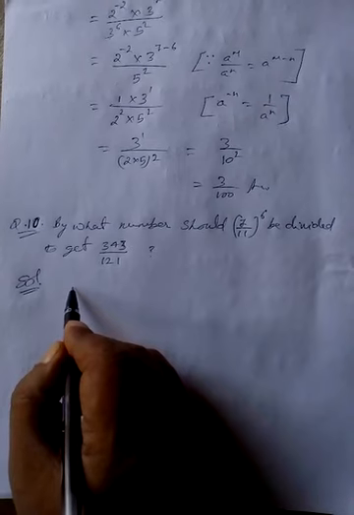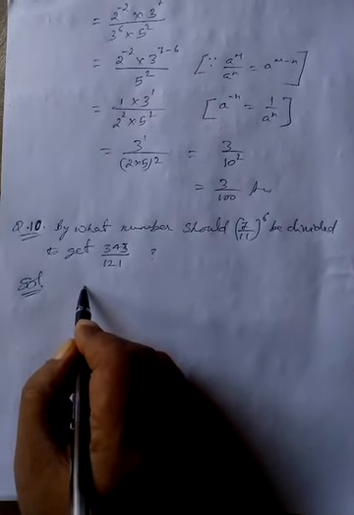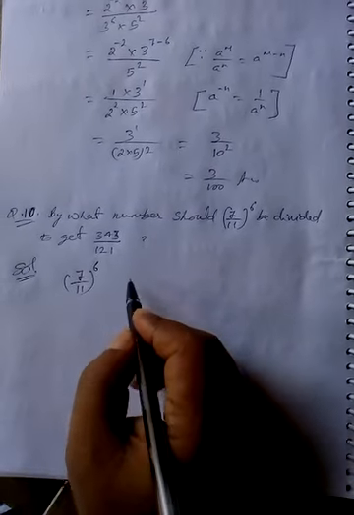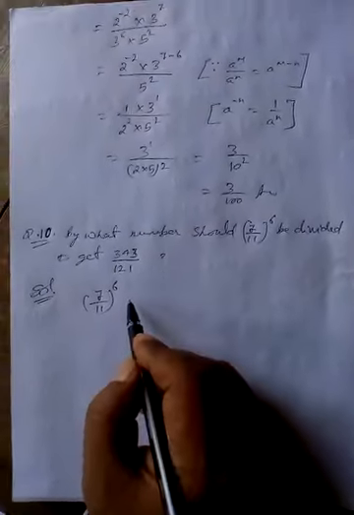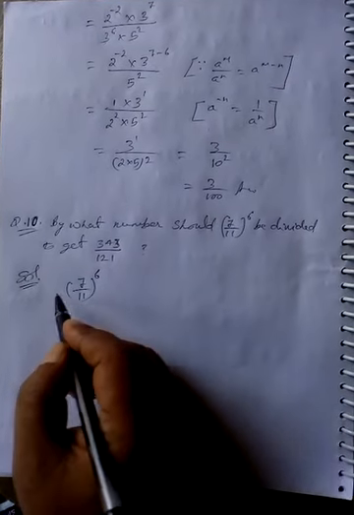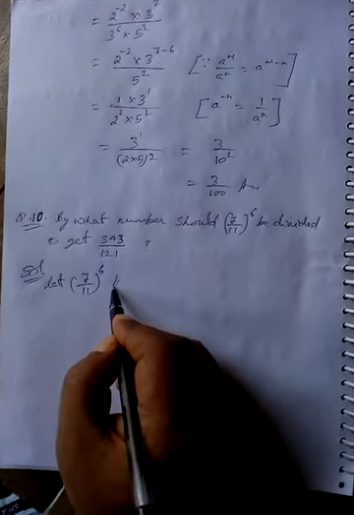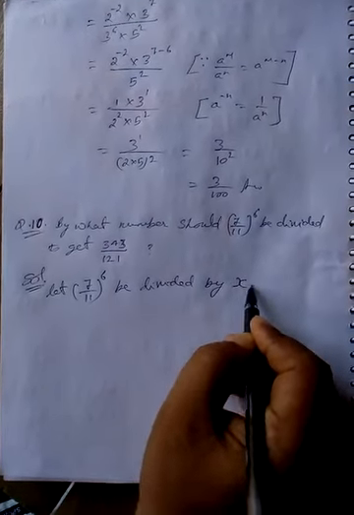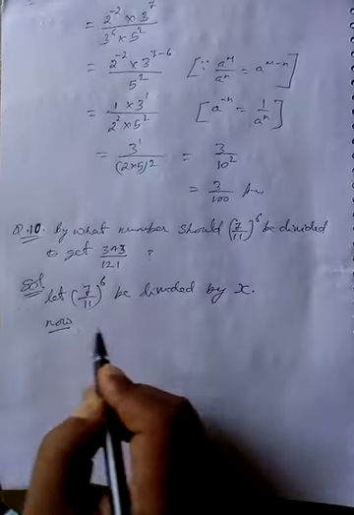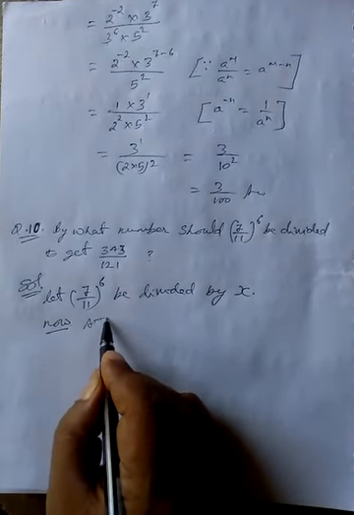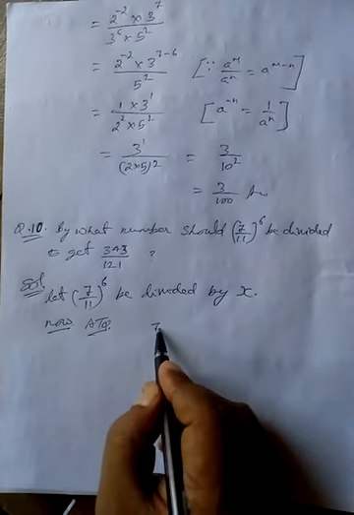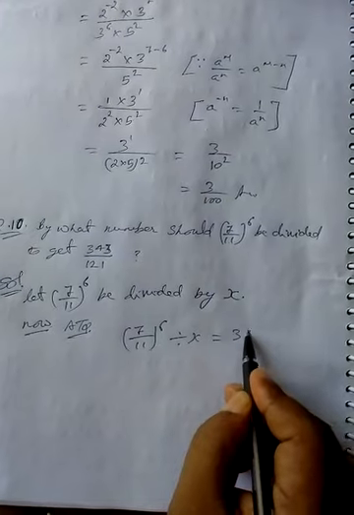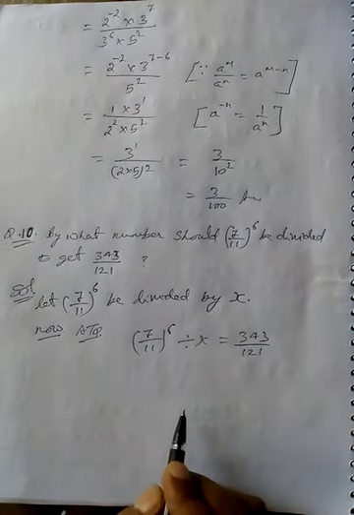So according to the question, we can see that 7 by 11 raised to power 6 is divided by this. We'll write, let this number be divided by x. Now, according to the question, when 7 by 11 raised to power 6 is divided by x, we get 343 by 121.